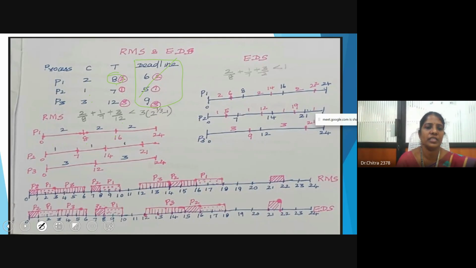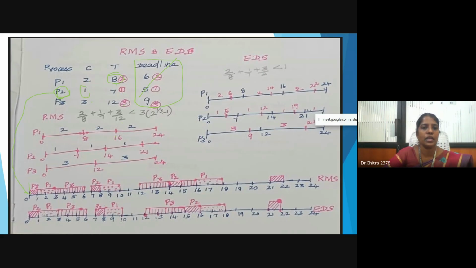I can draw the Gantt chart to represent the RMS diagram. The first one is the RMS. We know that the first priority is given to P2, so P2 is executed first. How many clock cycles are required for P2?